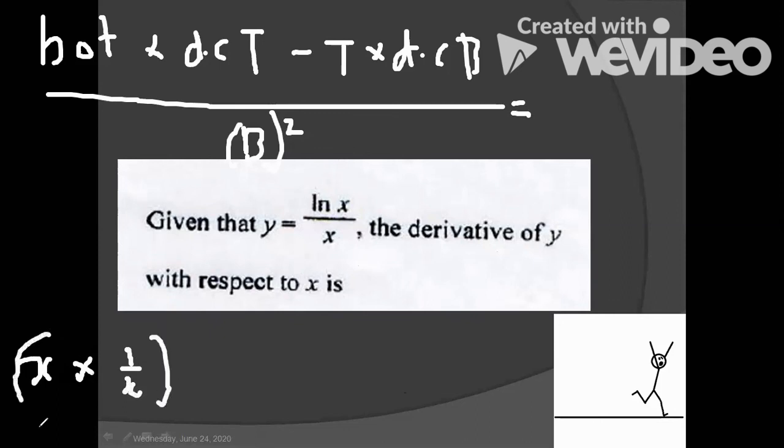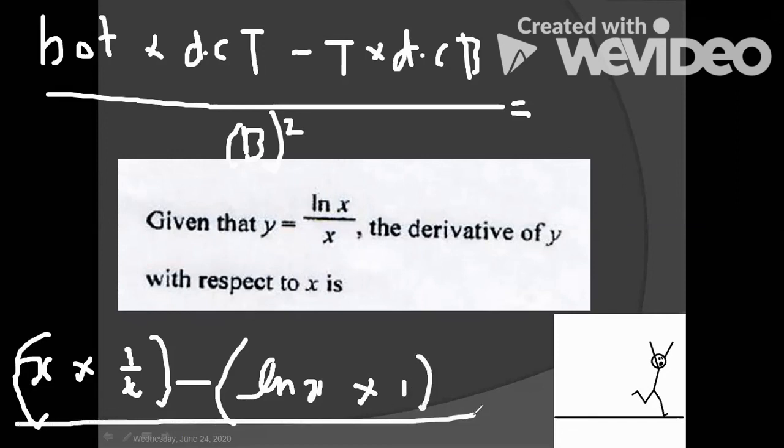And we can see the answer for that right away. Subtract the top now. So the top would have been what? ln x, times the differential of the bottom, which is 1, all over the bottom squared, which is x squared.